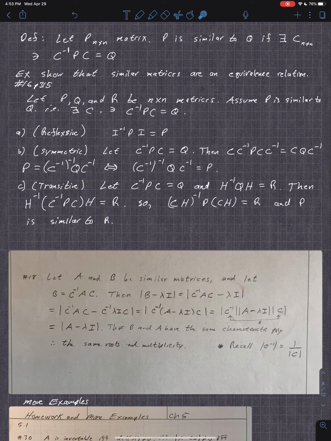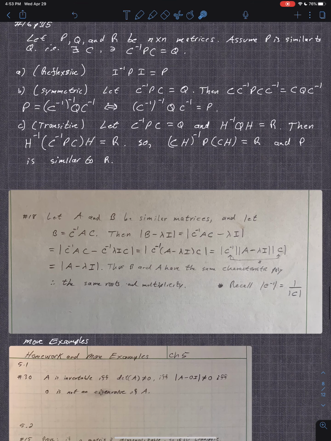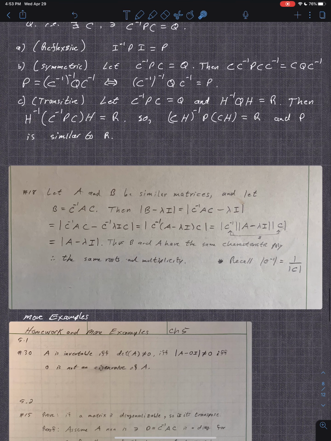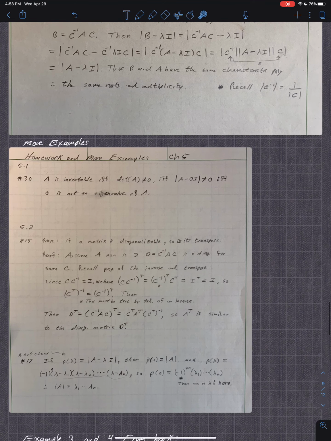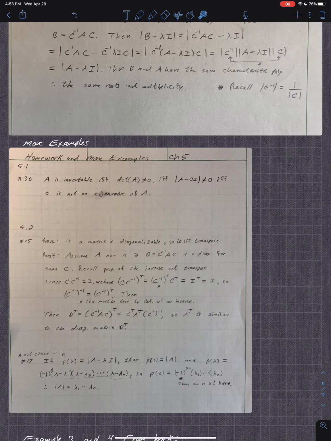Then I put in a few examples, and I forgot to write down the actual question on that one. This is number 18. I'll look it up as I'm talking here. Let's go on to these examples. So this is 5.2. Take a look at 50. I don't know which ones I assigned.